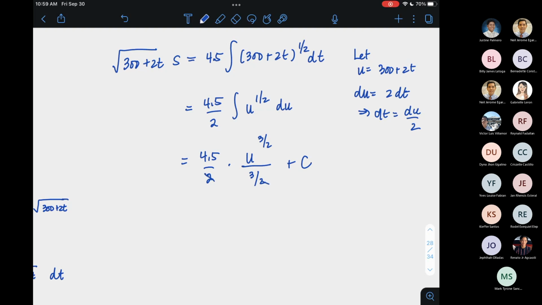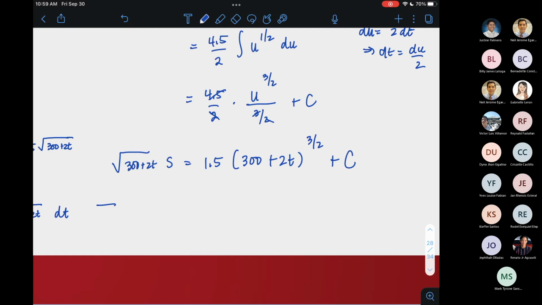Tapos yung 2 na to maka-cancel by the 3 there. Tapos magkakaroon ako ng 4.5 divided by 3. So that's going to be 1.5 u to the 3/2. Pero si u ay 300 plus 2t to the 3/2 plus the arbitrary constant c, and that would be this, 300 plus 2t s. Okay? So this means s is equal to what?